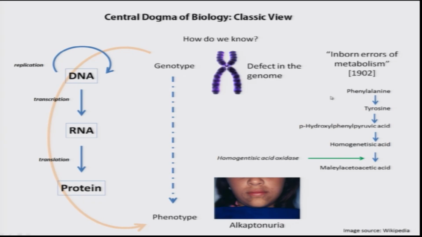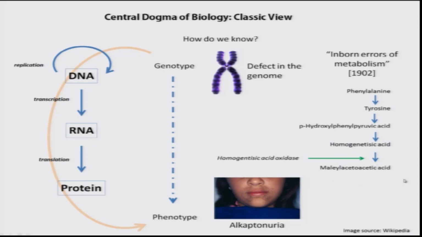the excess would need to be metabolized, and that happens, for example, in the pathway that is shown here. There are enzymes that convert, for example, phenylalanine to tyrosine and so on, and you have one particular enzyme that is shown here, homogentisic acid oxidase, which helps in the conversion of homogentisic acid into the other compound that is shown below.